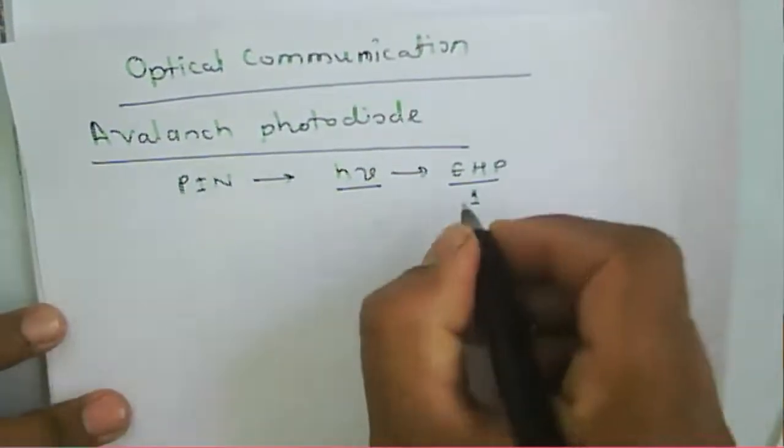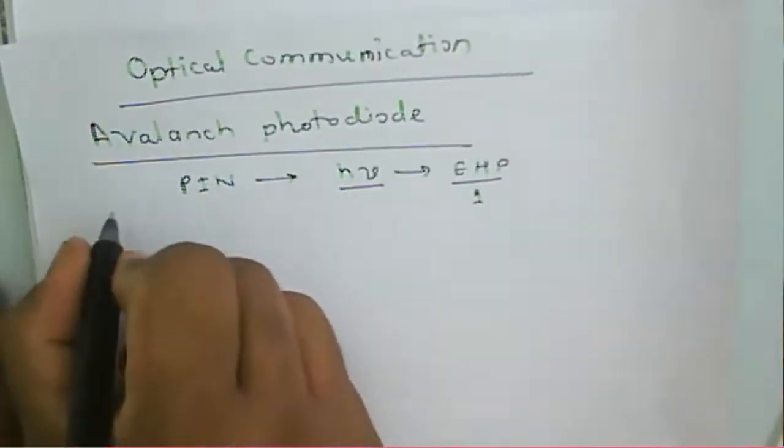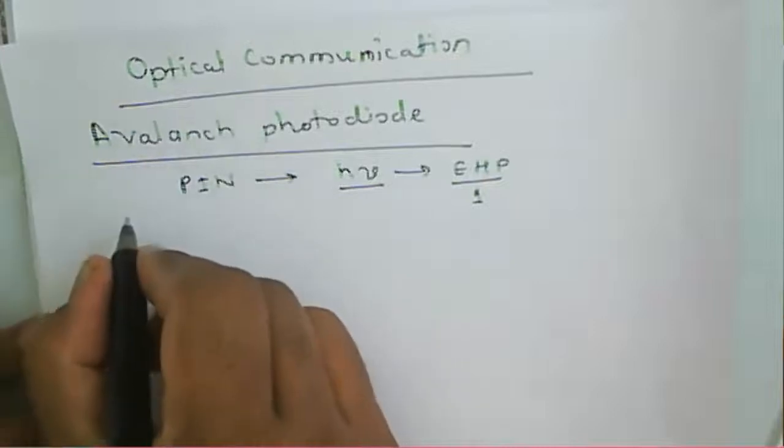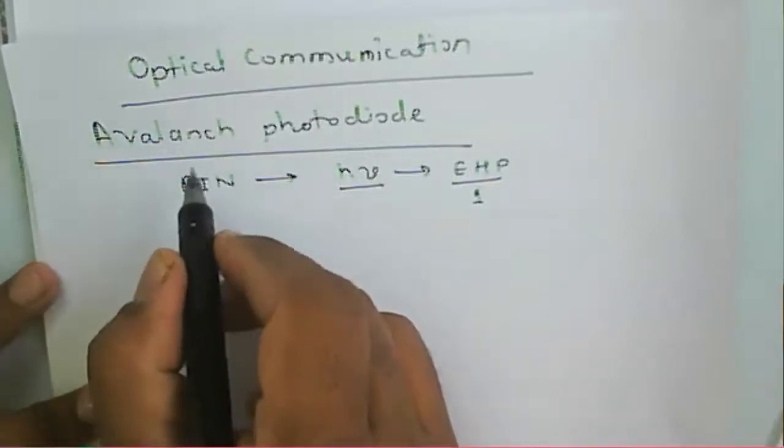Now, to improve the efficiency of the diode, another diode was developed, and that is the avalanche photodiode.